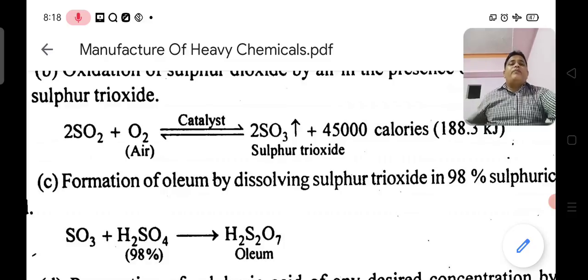However, the rate of reaction will obviously fall with decrease in temperature. That means if we decrease the temperature, only then we get the product SO3 in large amount.